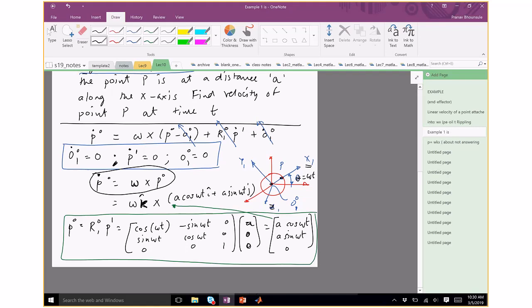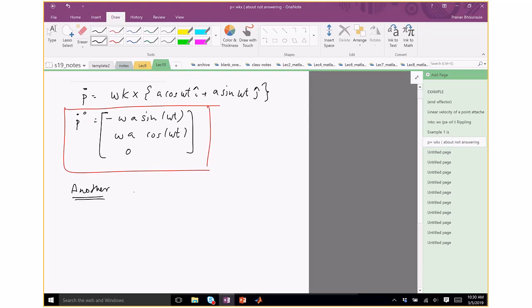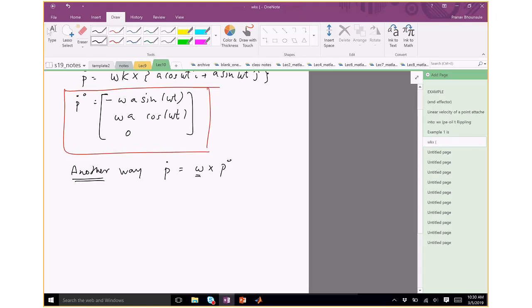So the S formula is this. Here's another way to do it. Since we cannot find omega easily if it is rotation about multiple axes, what I would recommend is writing this as S omega times P0, where S omega is R1 dot transpose times R10 times P0.